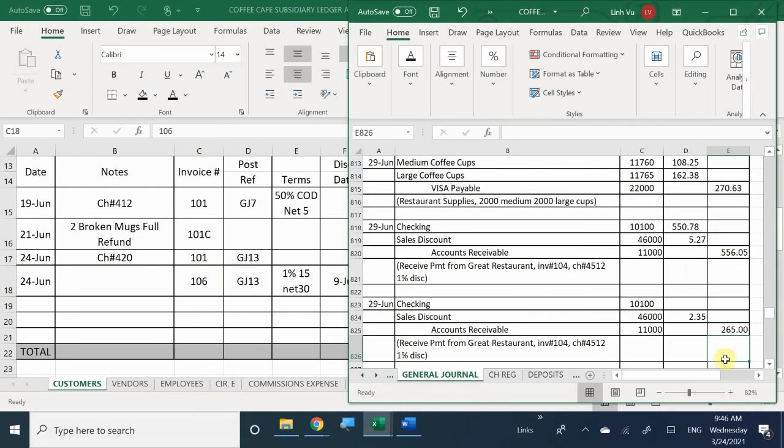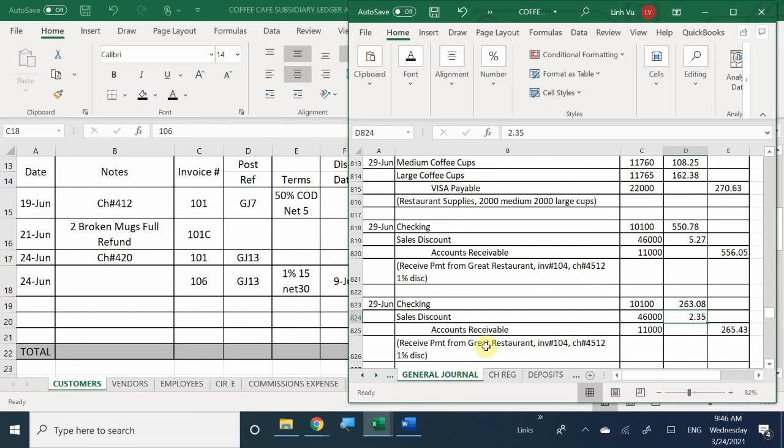All right, so I'm just going to retype it in. 265.43. So therefore, how much should the check be written out for? 263.08. 263.08. All right. I'm going to make changes to this.